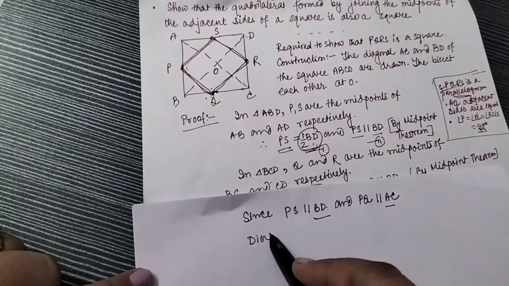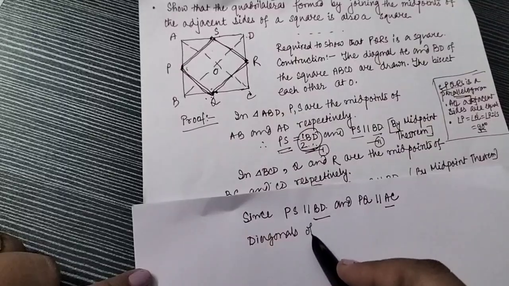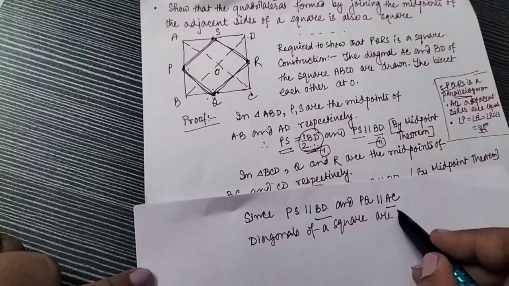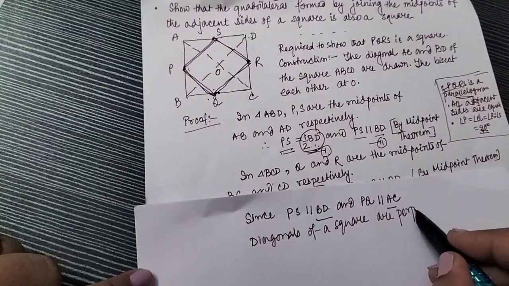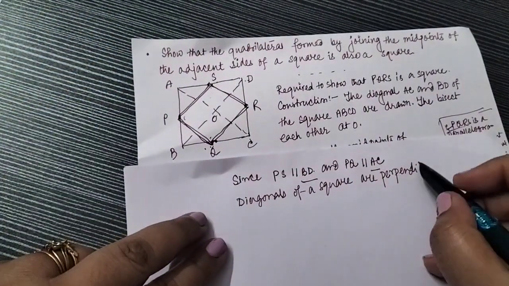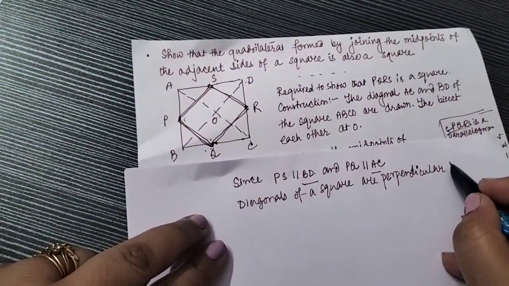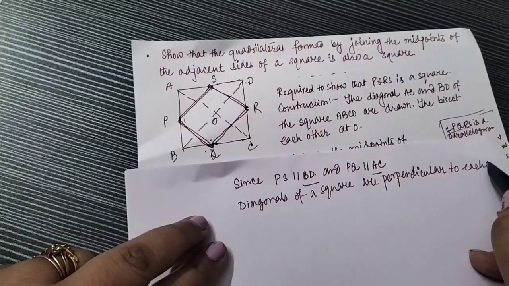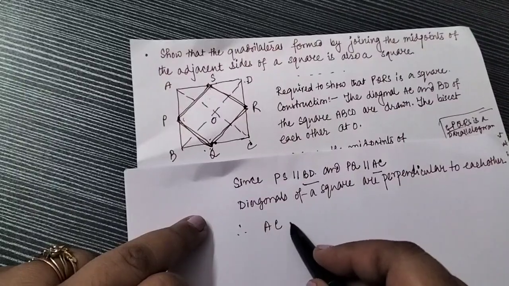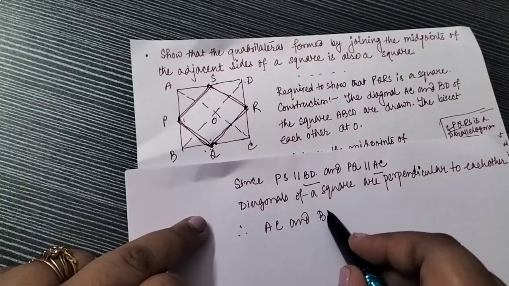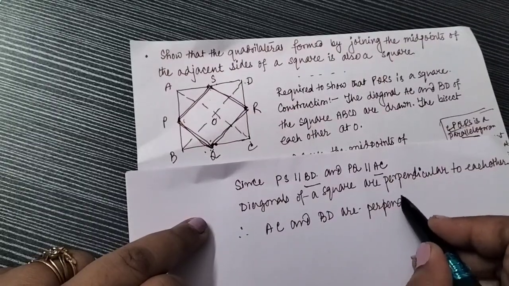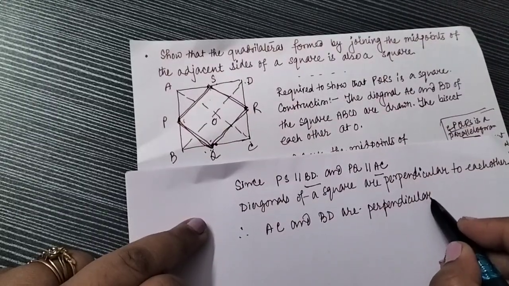Diagonals of a square are perpendicular to each other. Therefore, AC and BD are perpendicular to each other.